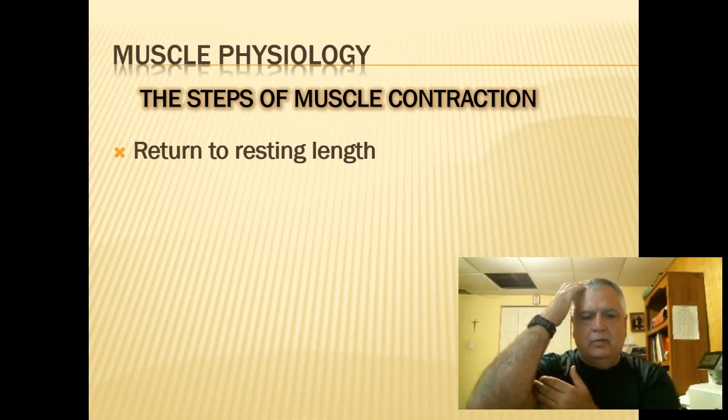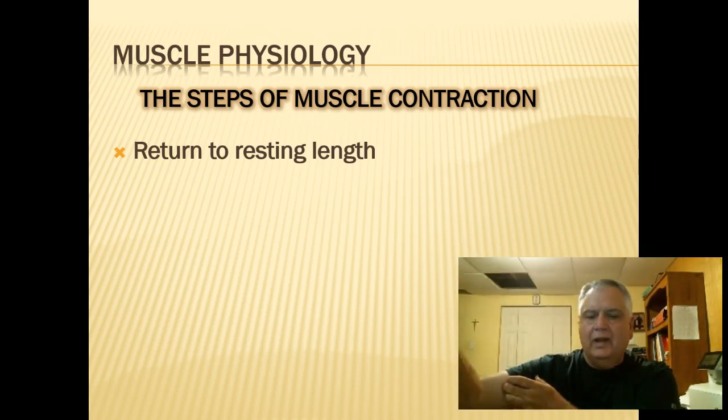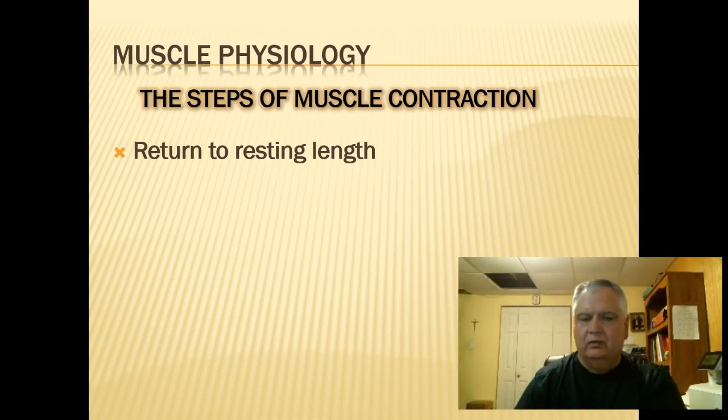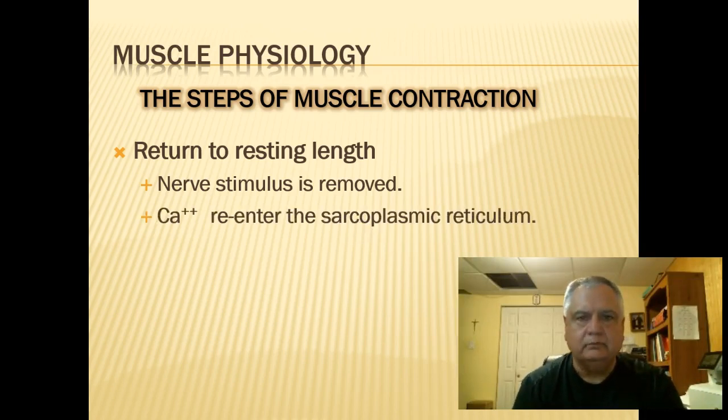Now the itch is over and I want to put my arm back down. In order to do that, I have to have this muscle, which is now contracted, relax and return to resting length. So that's what we're going to take a look at now. To get the muscle to return to resting length, the nerve stimulus has to be removed.